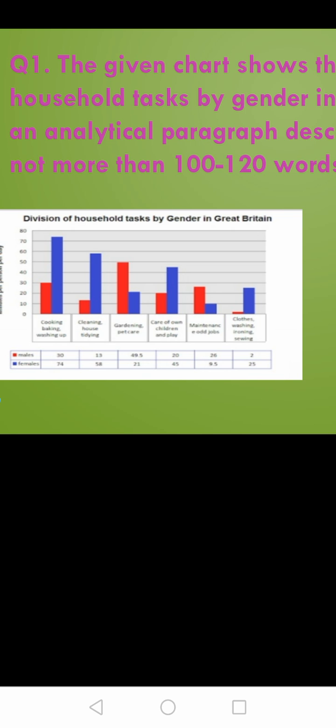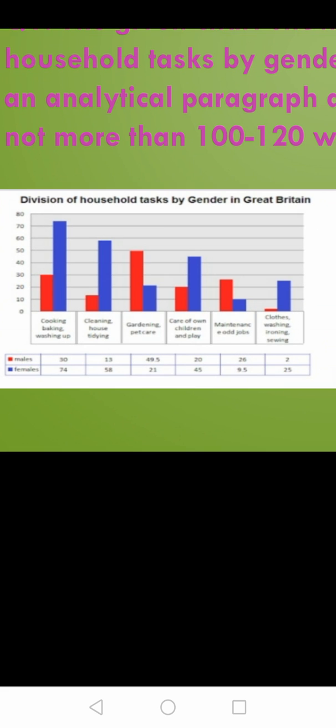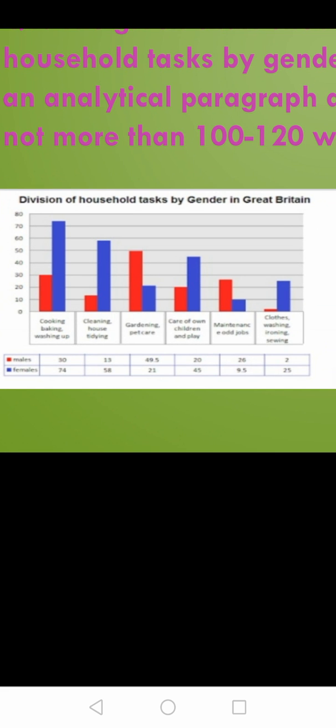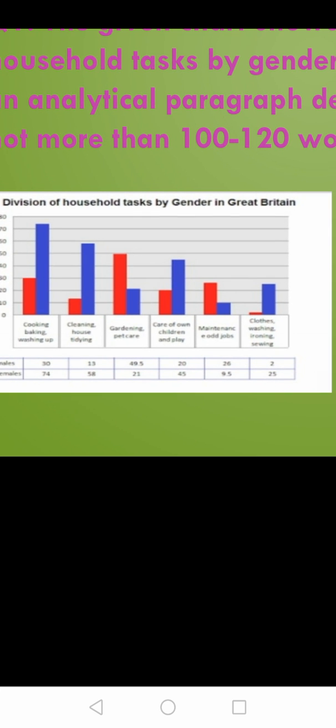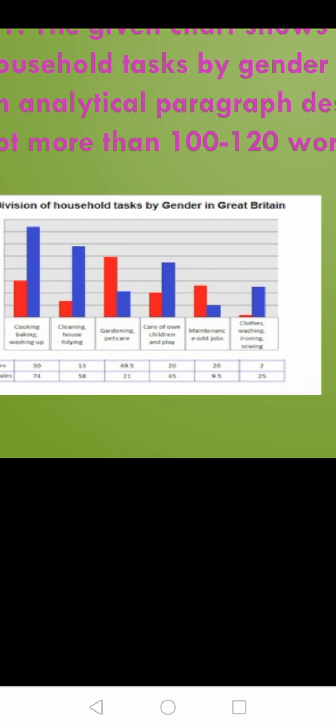Now in every graph you are getting one heading, and below that you are able to see cooking, baking, washing up. First one. Next is cleaning house, like this. Then gardening, pet care, care of own children, this way. Maintenance, odd jobs, clothes washing.